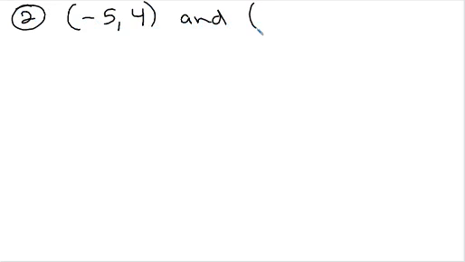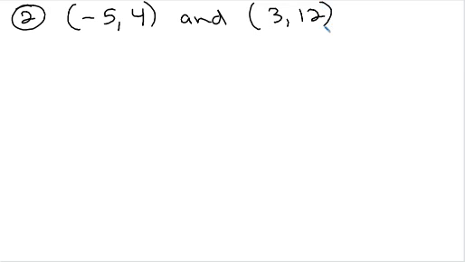Now, I told you they'll give you different pieces of information. What if this is the information that they give you? And this will be our last problem. What if they tell you that this line passes through these 2 points? That's all they give you. If I'm going to write an equation, no matter what, I've got to know the slope.